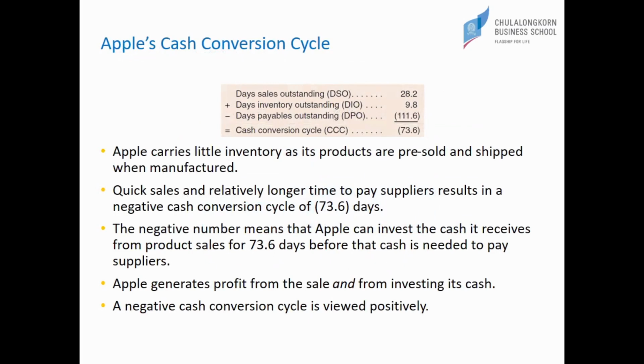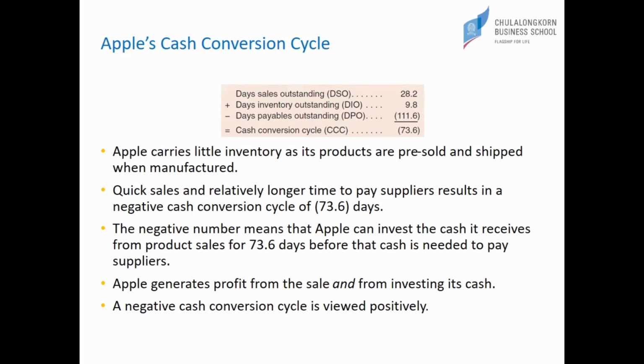And let's look at the cash conversion cycle for Apple here. So you see their cash conversion cycle here is actually a negative number. This number is very, very low and even negative because Apple carries very little inventory. And in a lot of cases, Apple sells its product in advance without having actual inventory on hand.